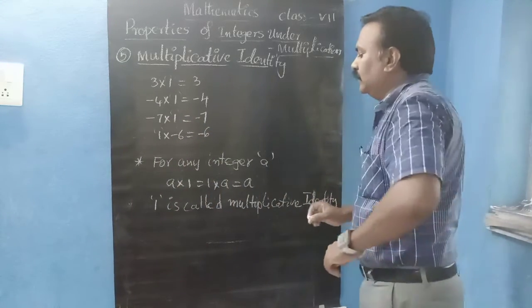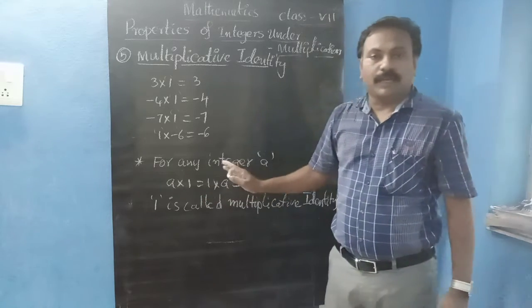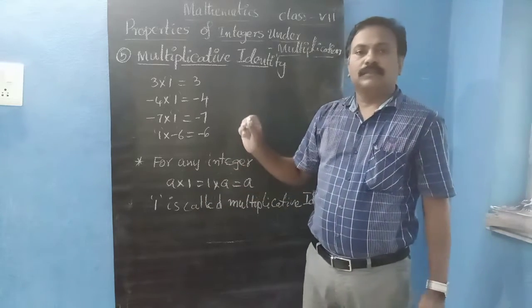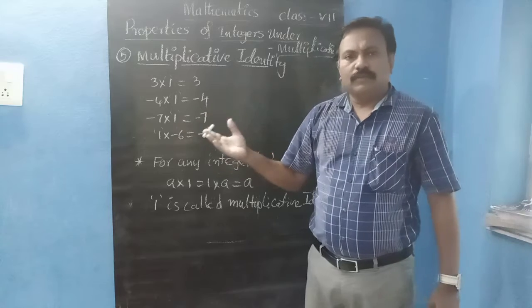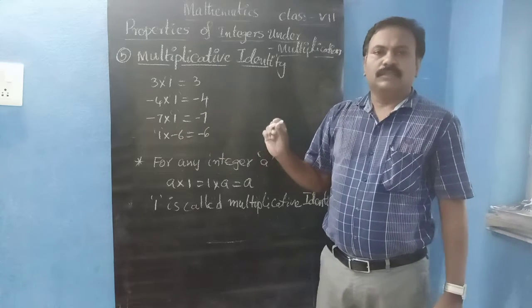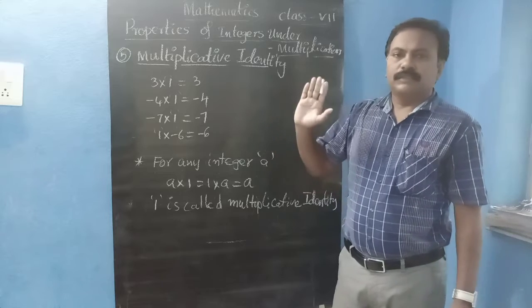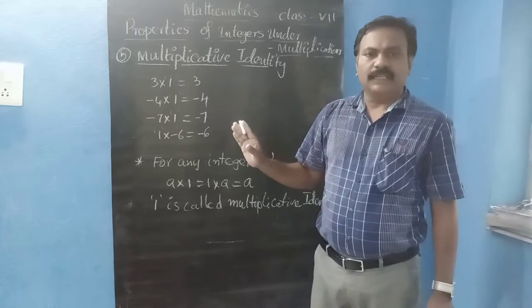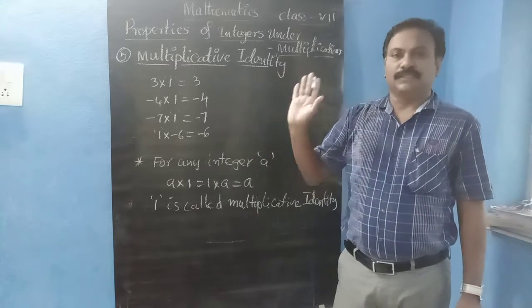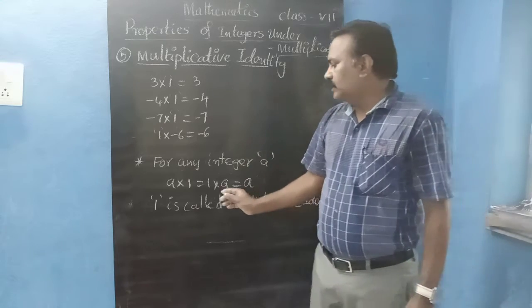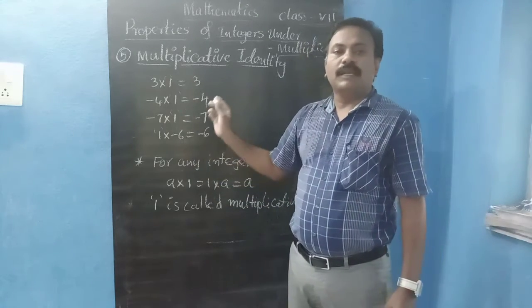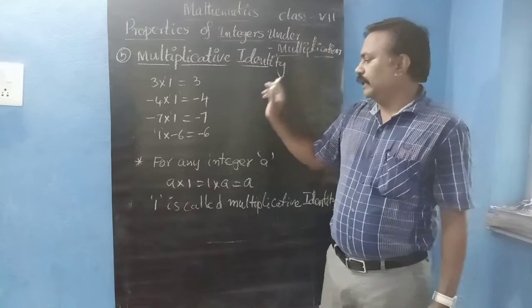Do you understand? If you multiply any number by 1, 7 into 1 is 7 only, 1000 into 1 is 1000 only. So if you multiply any integer by 1, the integer does not change.